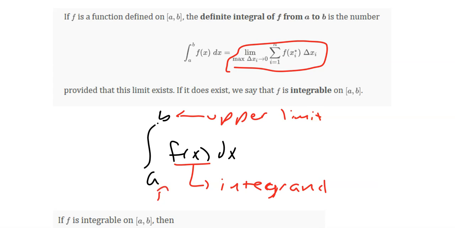And then the a down here is the lower limit. And for now, this piece just tells us what variable we're going to be integrating over. So the dx just tells us we're integrating with respect to x. If it's a dy, we'd be integrating with respect to y. It's what our variable is for our integration.